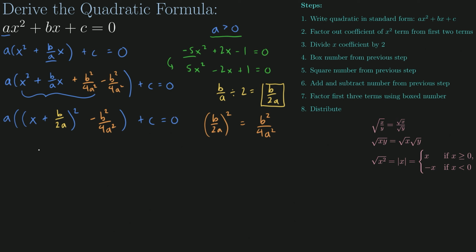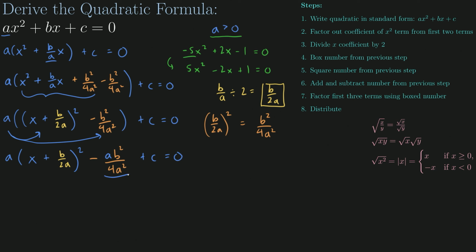Step 8 will distribute a to both of these terms. a times (x plus b over 2a) squared minus a b squared over 4a squared plus c equals 0.